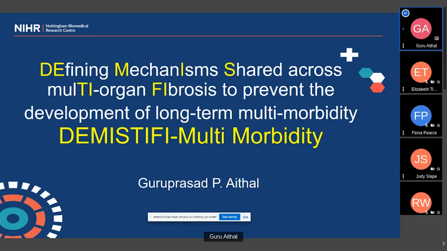Demystify Multimorbidity is a UKRI funded study, started nearly 2 years ago. It had three phases of development.